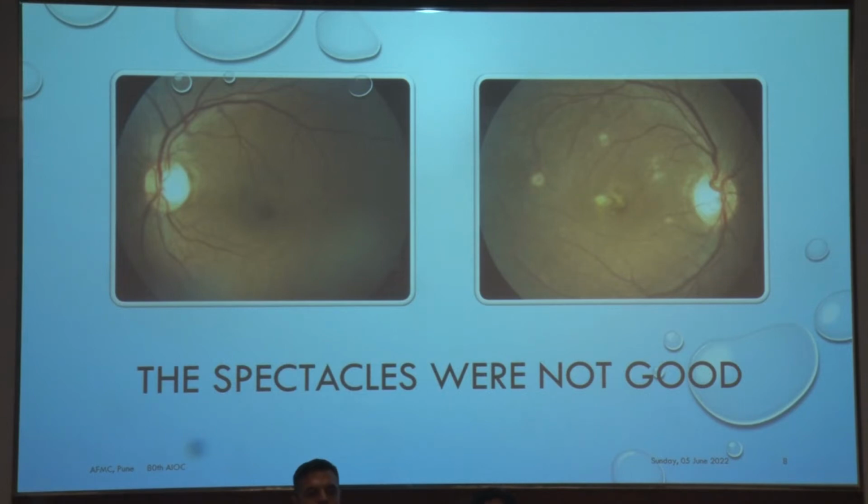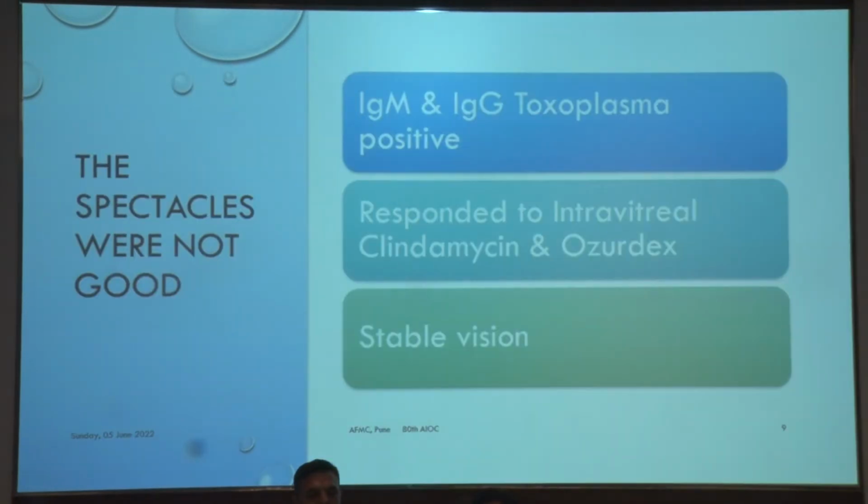And only later was the fundus seen. And here we see this picture, and therefore a toxoplasma assay was done, and later on it was proven and treated with clindamycin or Ozurdex.